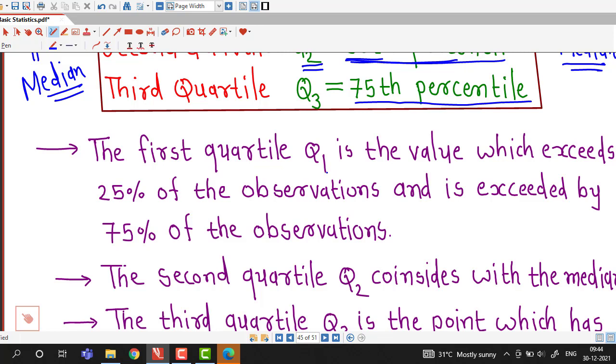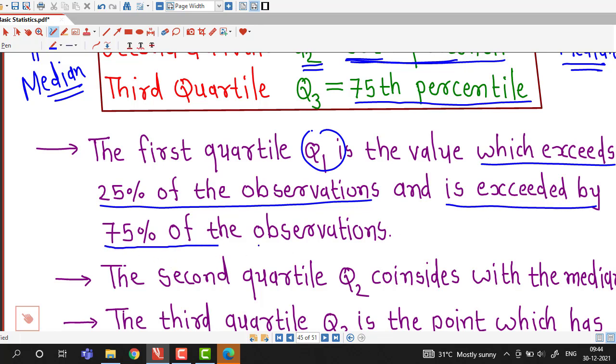So here we have written all these remarks. The first quartile Q1 is the value which exceeds 25% of the observations. That is, 25% of the observations are less than Q1 and it is exceeded by 75% of the observations. That is, 75% of the observations are greater than Q1. So on this side we have 25% of the observations, on this side we have 75% of the observations.